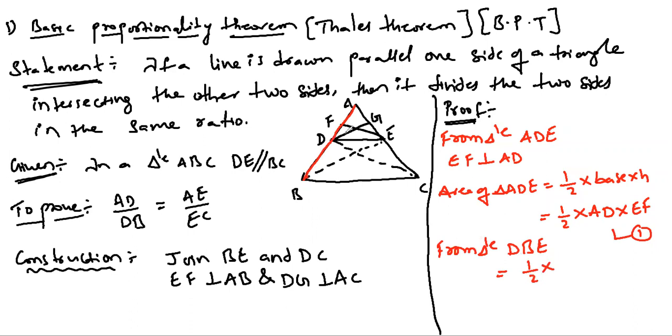Here, what I told you, this perpendicular is for AD, DB and entire AB. But here the base is what now? DB. What is the height? For this entire line, the height is always EF, perpendicular. That means EF. So this is equation 2. Next.